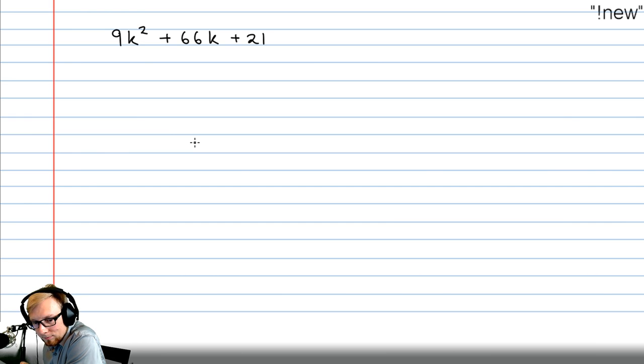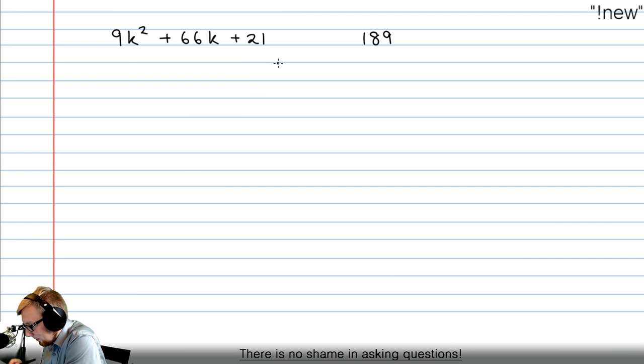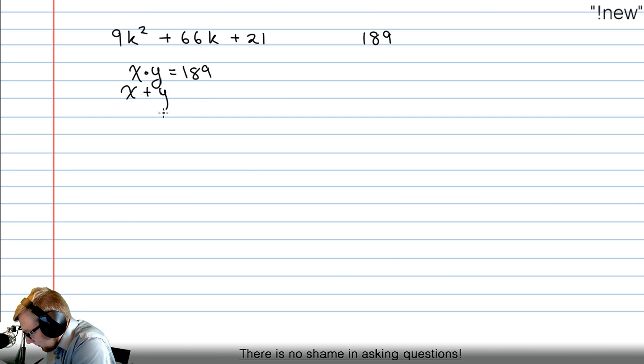Well, I'm going to use the calculator for one thing. You can do 9 times 21. 189 and 66. Okay, so you have 189 as your a times c. Right. So you need two numbers that multiply together to give you 189 and add together to give you 66.